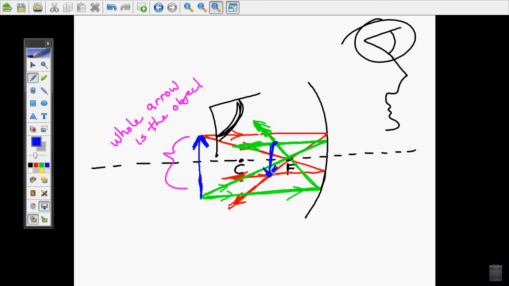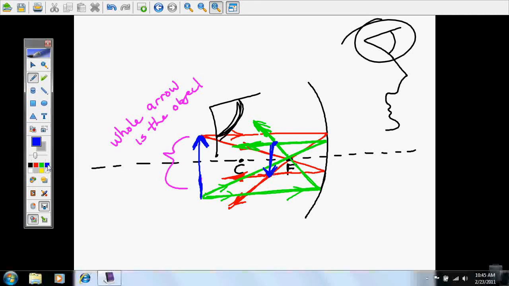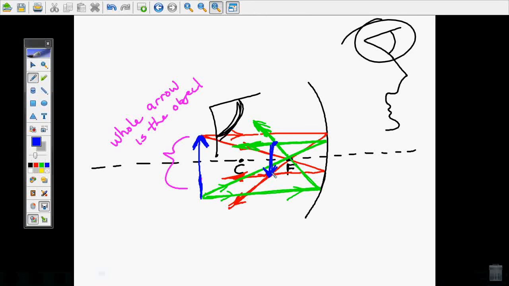That makes the diagram so messy. So to save time, we're going to redo this in a moment, and we're going to put the feet right on the principal axis. And when the feet are right on the principal axis to begin with, then they're right on the principal axis where the image is. So we're going to redo this in a moment, but before we go there, what's something you could say about this image right here? And you know, I should kind of mark this out.